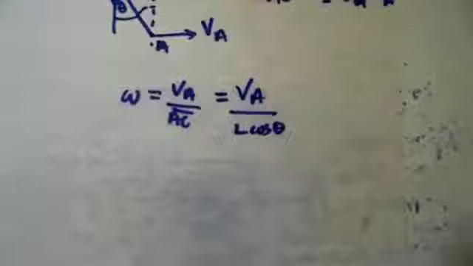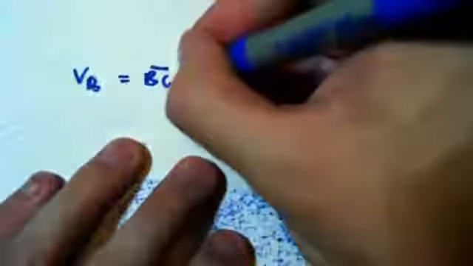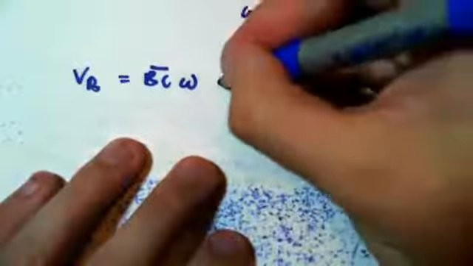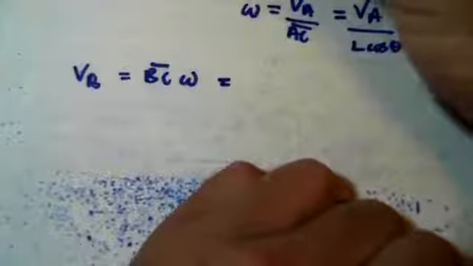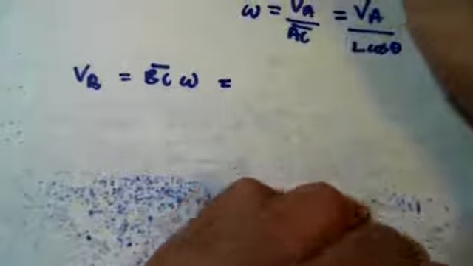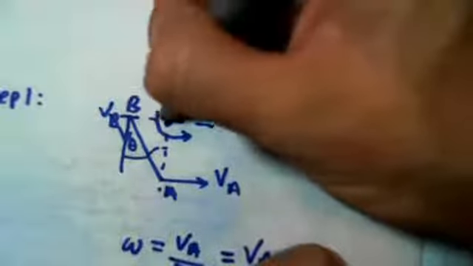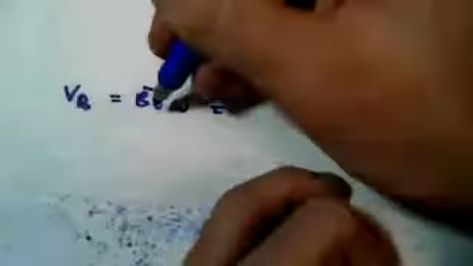We can then find our velocity of B in terms of velocity of A, and that's what's asked for in the question. So the V of B is equal to the magnitude of the displacement, BC, multiplied by our angular velocity. BC is L sine theta. This displacement here from this center point to the velocity is this BC term.